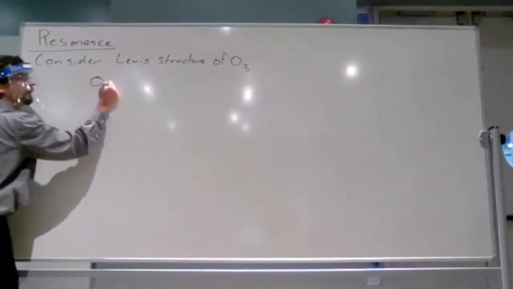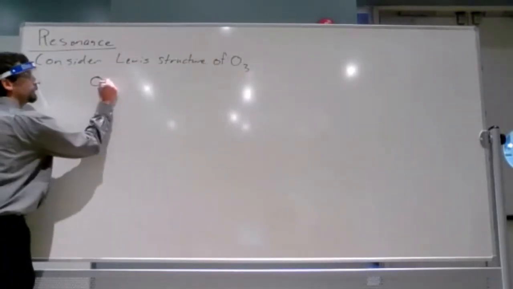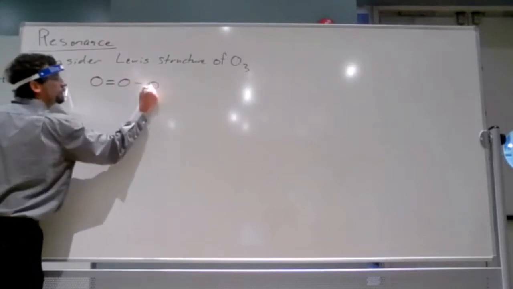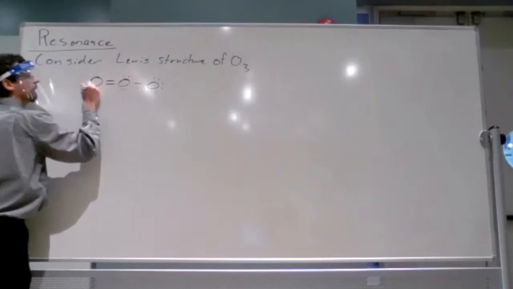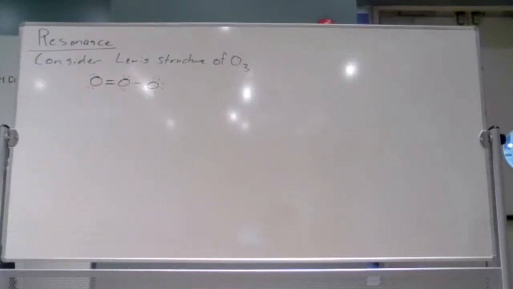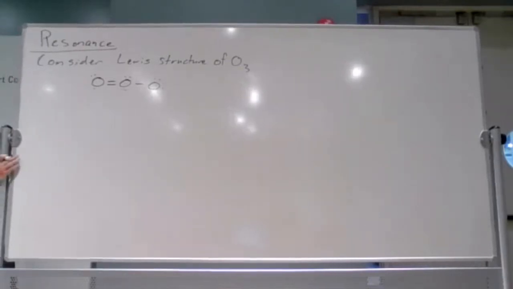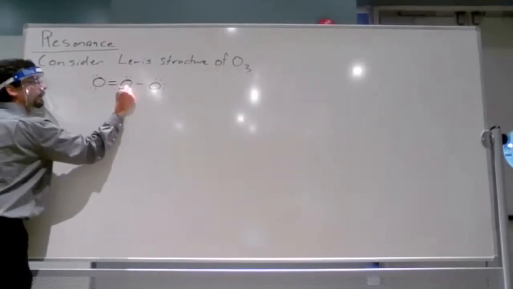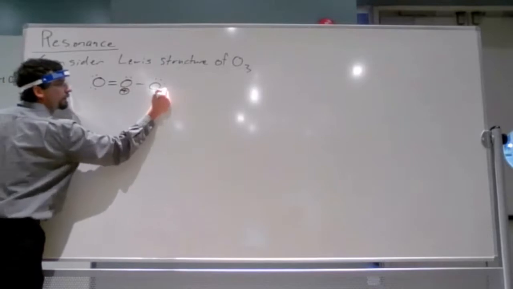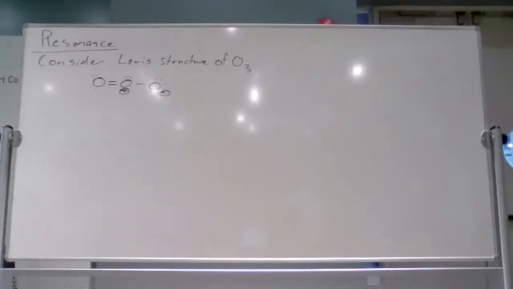Did we have a double bond here, like this? Oh, except we had these on top. Like that? Okay, what am I missing on here for it to be a complete Lewis structure? Yep, formal charge on this guy. That one. This guy. Yep.